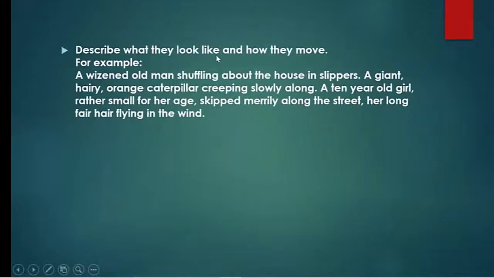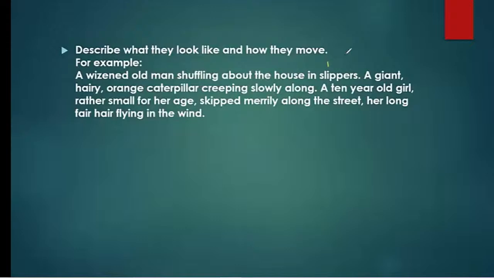Then describe what they look like and how they move. You can describe the characters in the story, depending on the situation, not a regular or random description. Look at this example. Please read. Describe what they look like and how they move. For example: a wizened old man shuffling about the house in slippers.